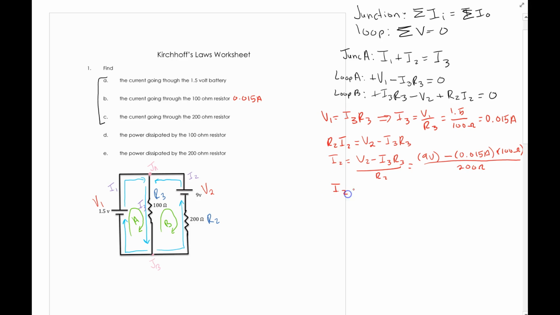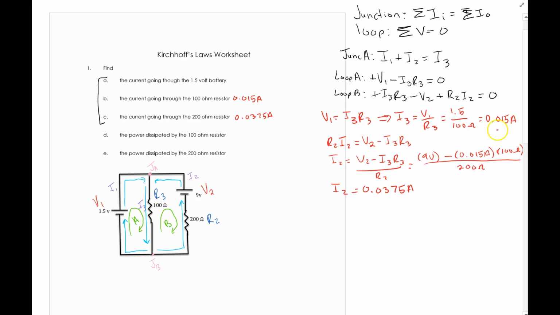So my current is going to be 9 minus 0.015 times 100, divided by 200, which gives me 0.0375 amps. So now we've got the current going through our 200 ohm resistor of 0.0375 amps.